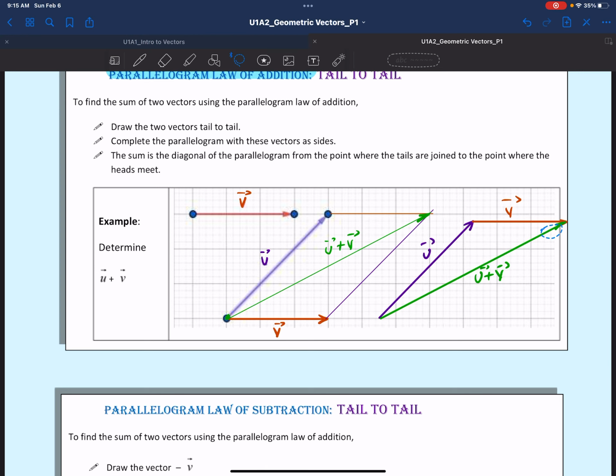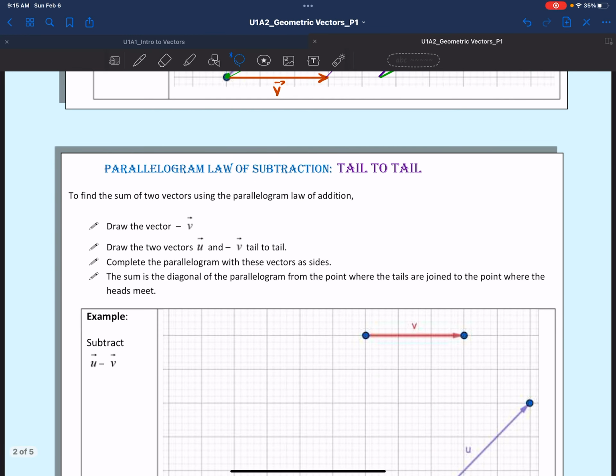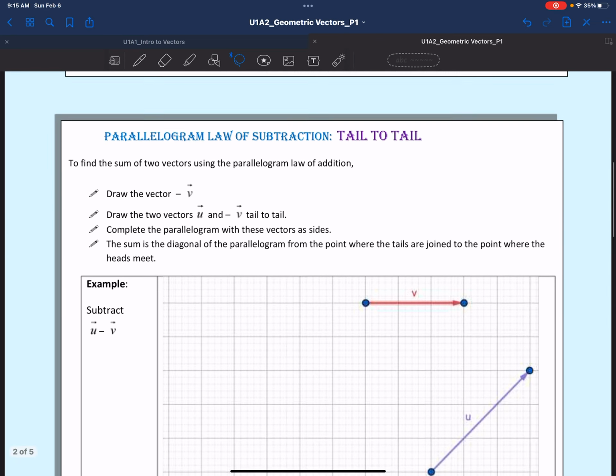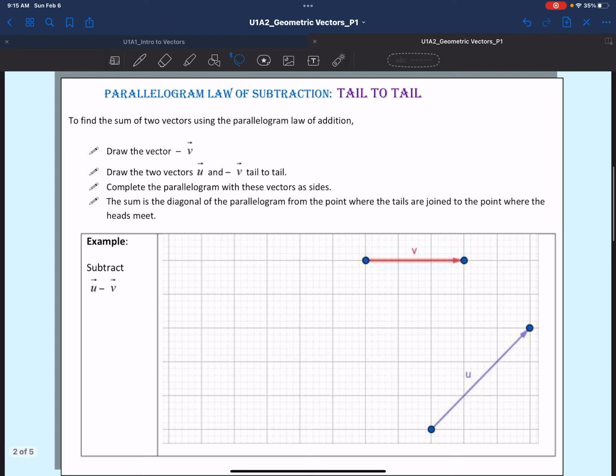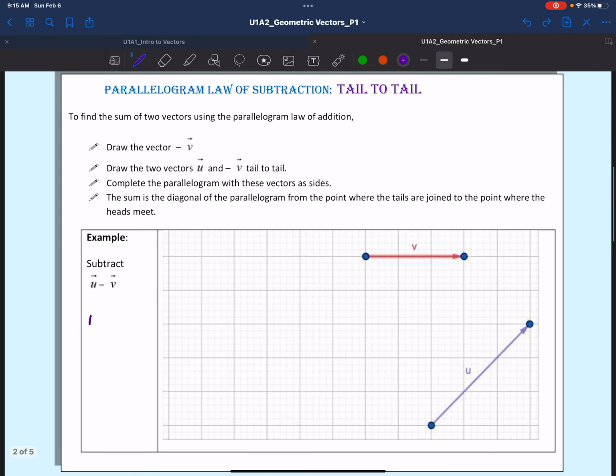Okay, so how about the parallelogram law of subtraction? How does that work? Just like we worked with triangle law of subtraction, we're going to start off by drawing vector negative v this time. So we'll write the difference u minus v as u plus negative v. So here is vector v, which makes vector negative v go this way.